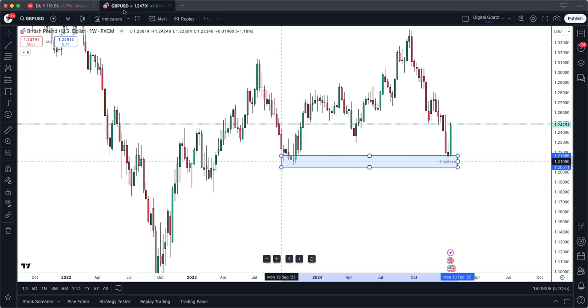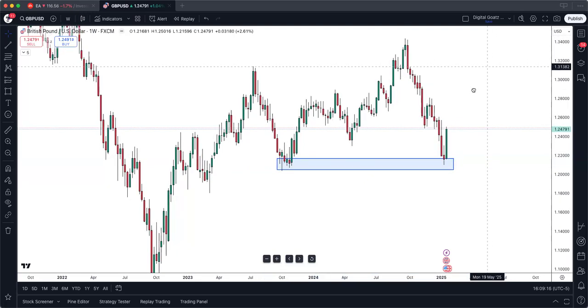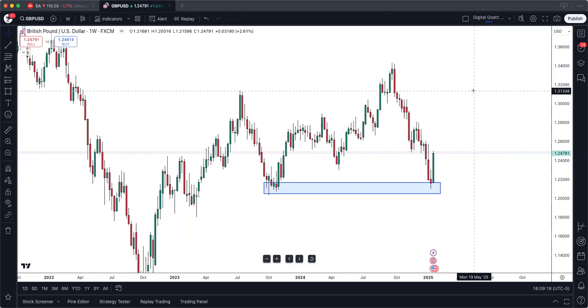And if you were confused about it, what are the things that we need to have that make support? We need the market to touch two price zones or price areas, rejected or bounce off of it, whatever you want to say, and that establishes either support or resistance, especially on the higher time frame.